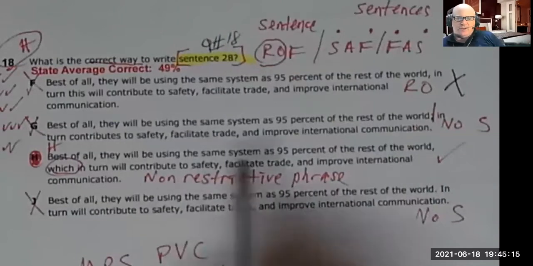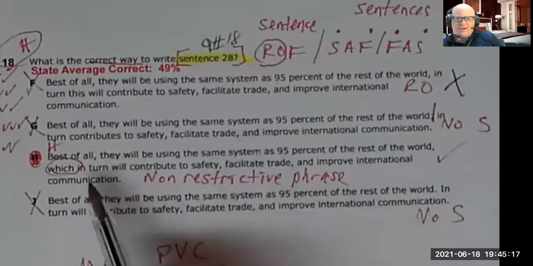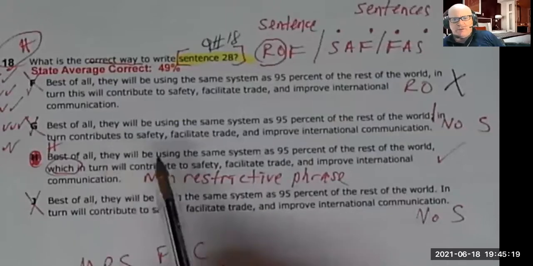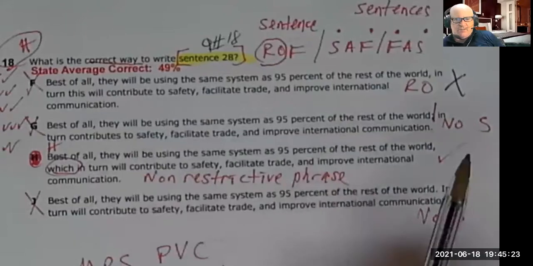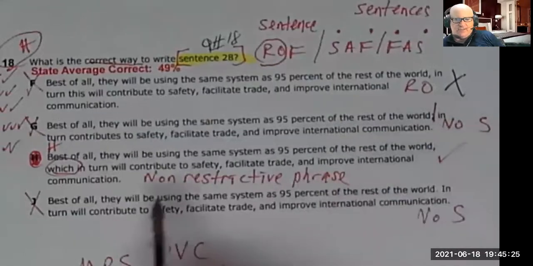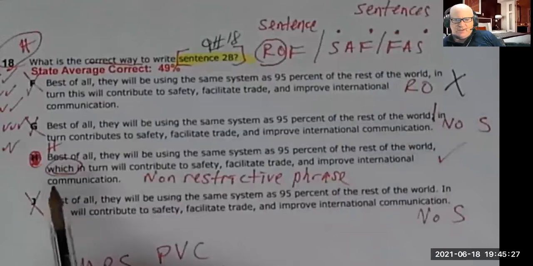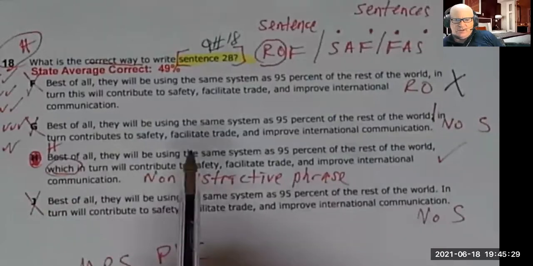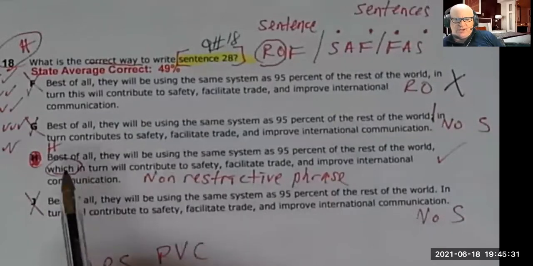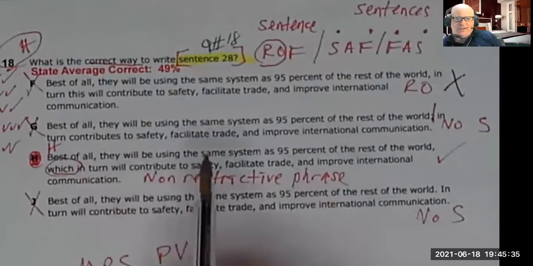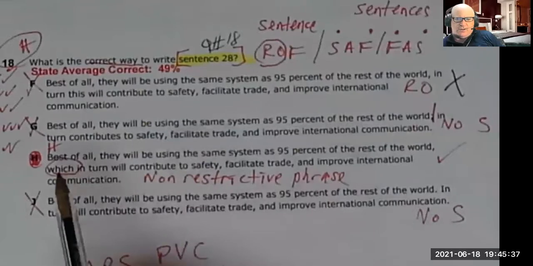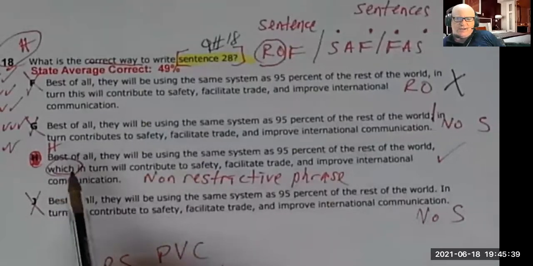Capital, best of all, comma, they will be using the same system as 95% of the world, comma, which is talking about the system, and so it's giving you information about what you just finished talking about, and so comma, which is often used to teach non-restrictive phrases.